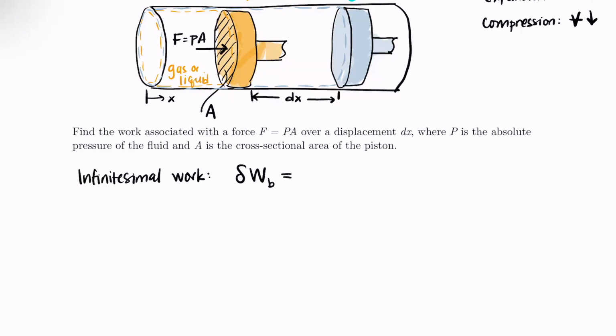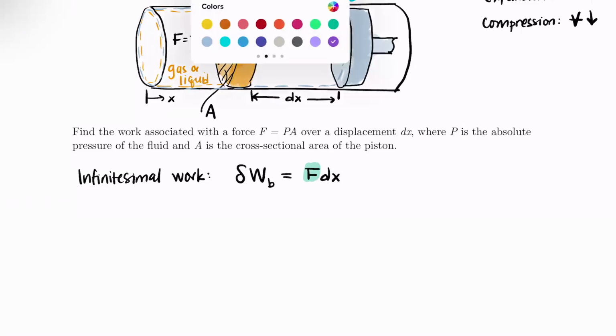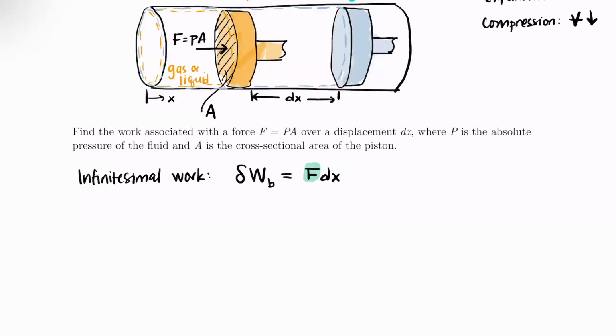So this is our boundary work, equal to force over the distance dx. All right, we can rewrite our force as P times A, right? So pressure times area times dx.